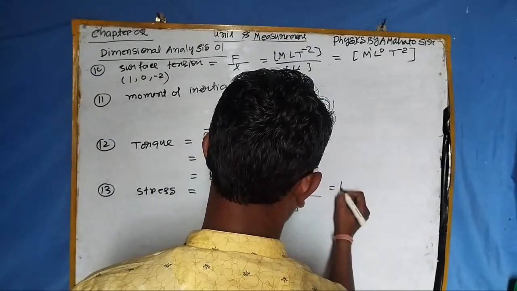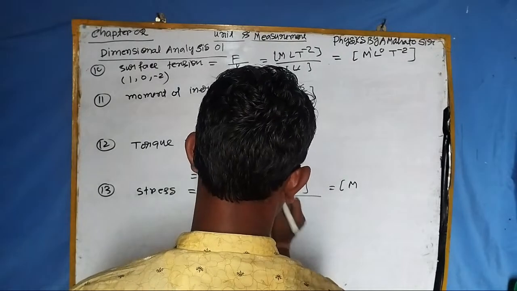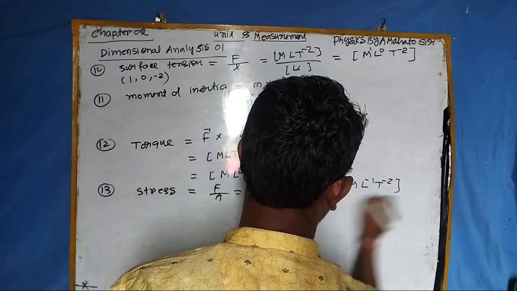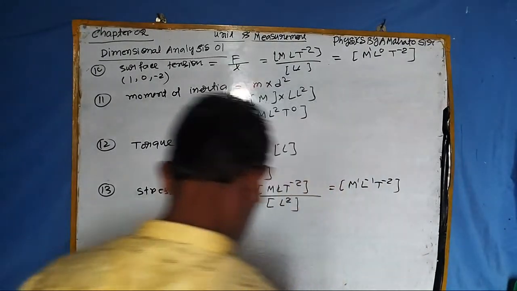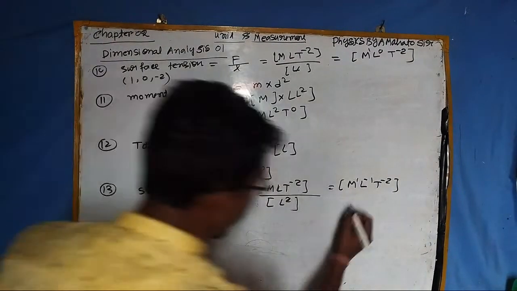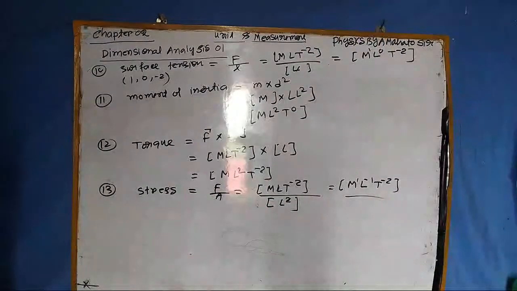So the dimension of stress is M L minus 1 T minus 2.